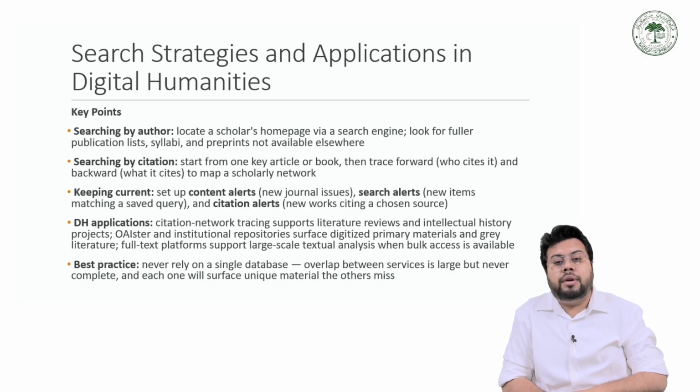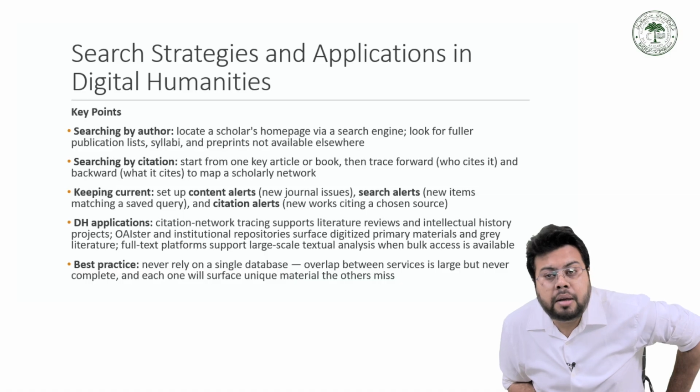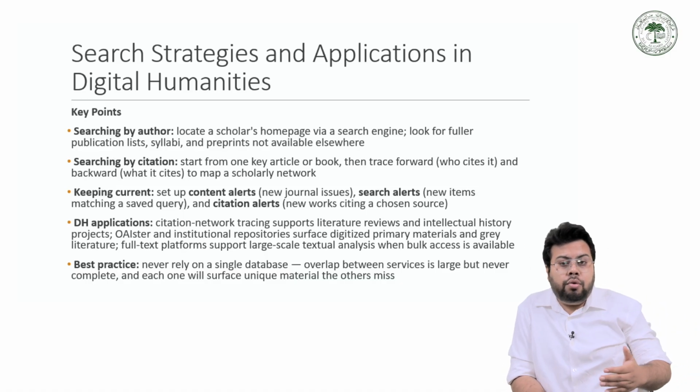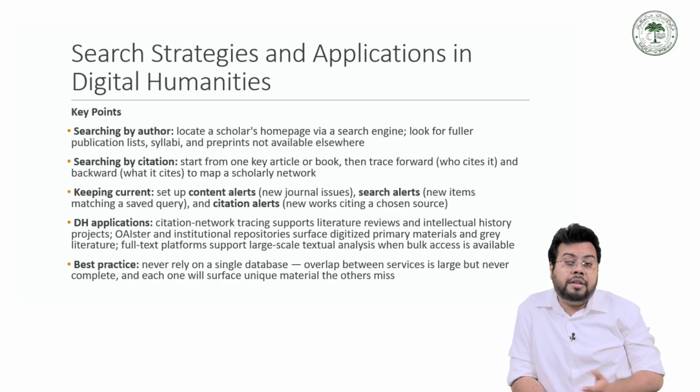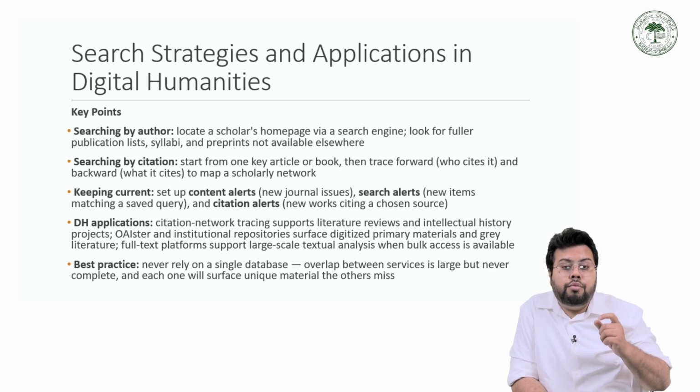Now let's bring this together practically. Searching by author, going to the scholar's own homepage often surfaces a fuller publication list, syllabi, and even reprints you won't find in a library or in a database, right? So searching by citation lets you move both forward and backward in scholarly time from one trusted source.